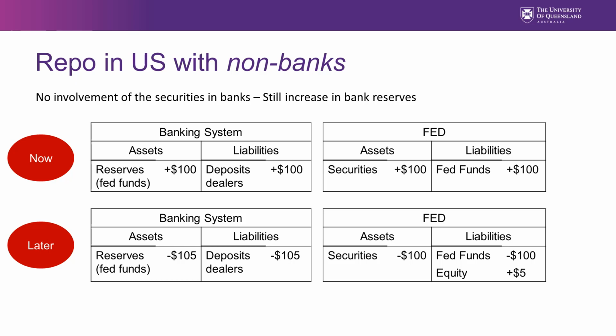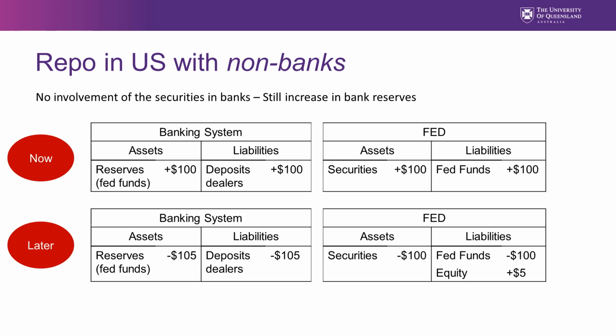So when the primary dealer sells government bonds to the central bank, the deposit account of the primary dealer goes up, and then the bank receives federal funds from the central bank. So here you have a creation of money, but you don't have a decrease of security. But that is marginal. Most of the operations are done with banks. The main story is we deal with banks and we increase ESF, or we increase federal funds.